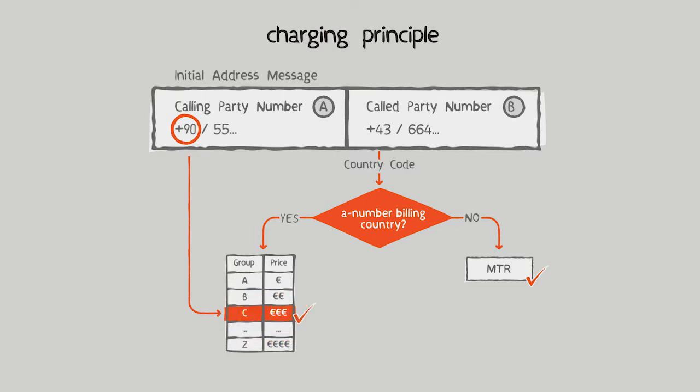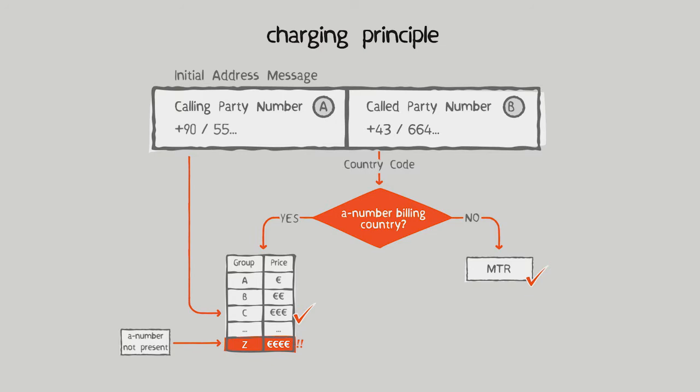Please be aware that the calling party address will not change in case of roaming. Another important fact you should be aware of: if your voice carrier does not support A-number billing, it will always charge you the highest MTR for the country concerned.